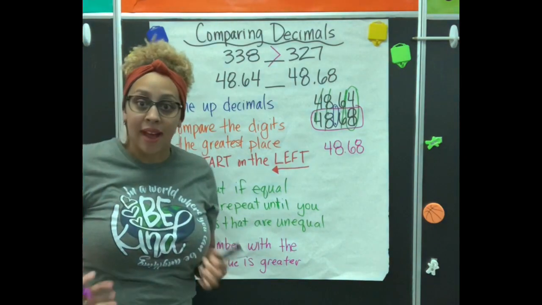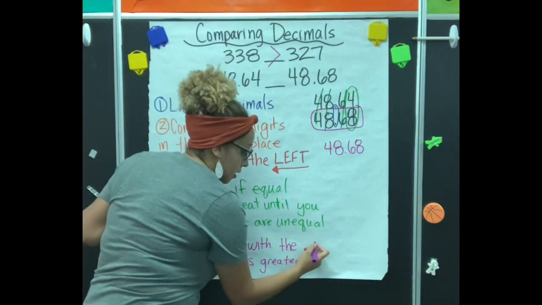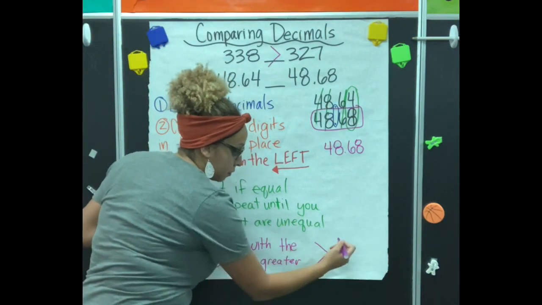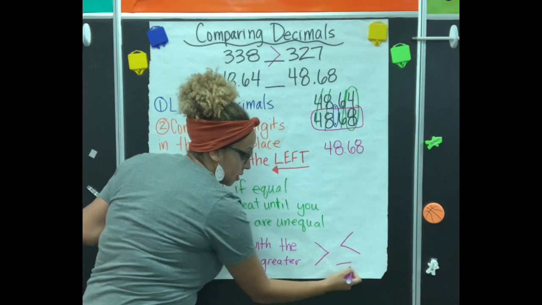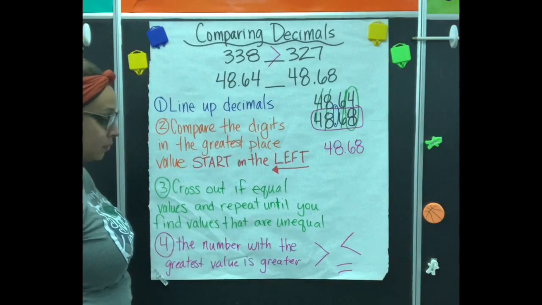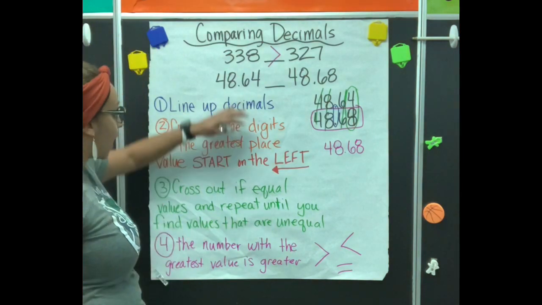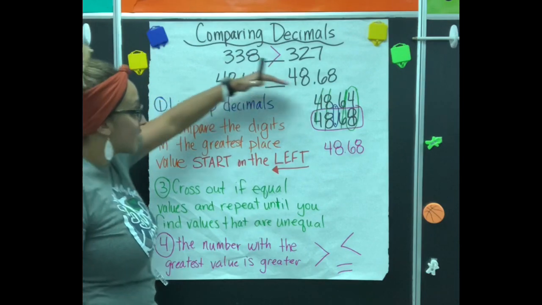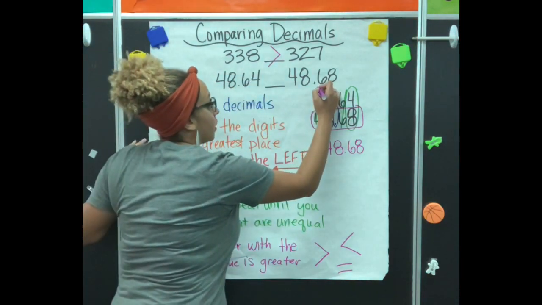So now I have to figure out which way my symbol goes, my sign. Is it greater than? Is it less than? Or is it equal to? Well, they're not equal to, right? So I can disregard that. But I have to look, which side is my big value on? Over here.